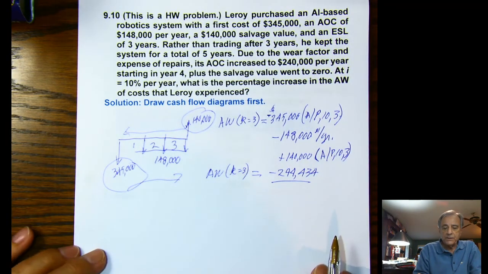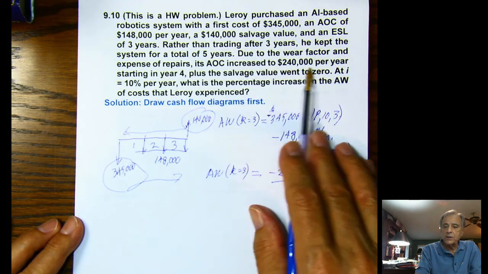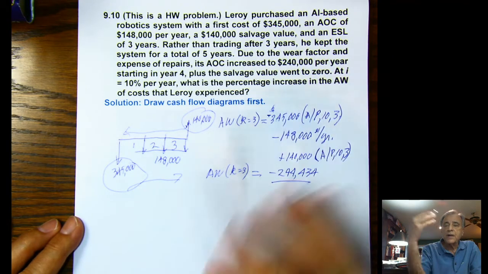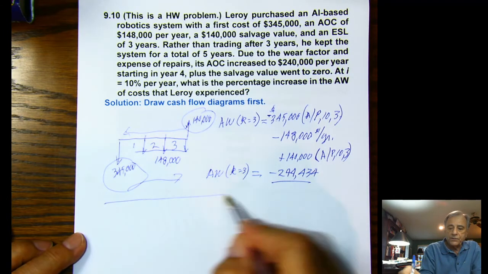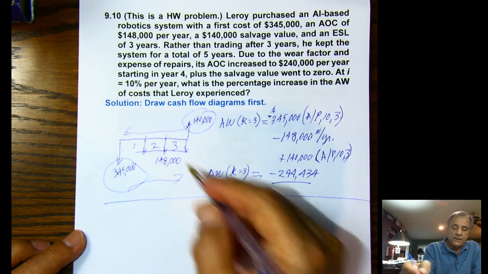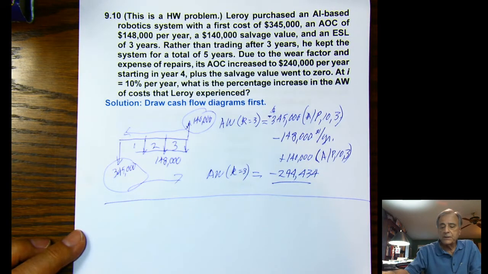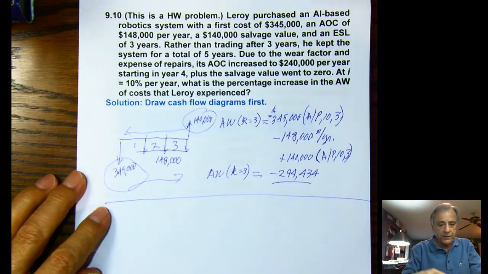So now let's see what happens if we keep it 5 years and our annual cost for operations goes up to $240,000. Now, so this is the 3-year analysis. Now we're going to do what happens at 5 years. Well, I'm not going to redraw the diagram. I'll just put in what happens as we add 2 more years to this, okay?